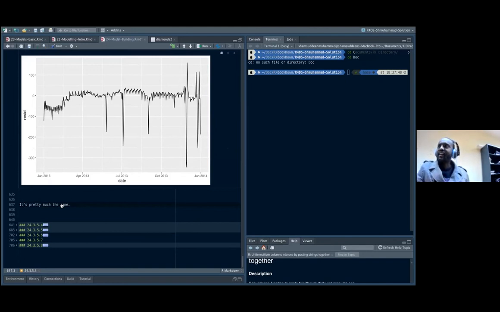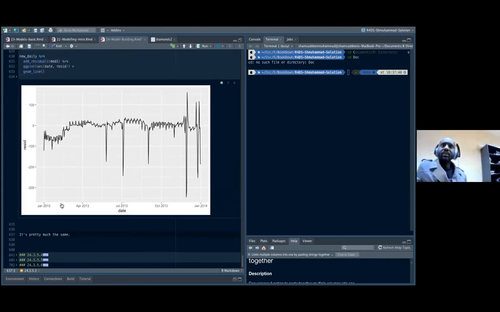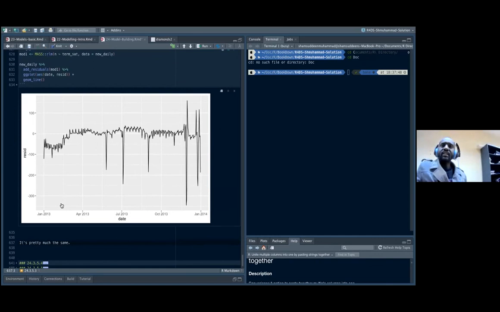So even after creating those variables, the model is still the same, and there is no different pattern. I think the big drops there probably correspond to public holidays.